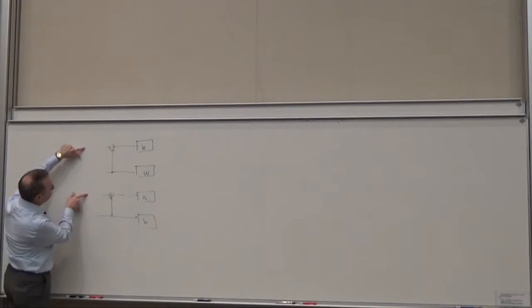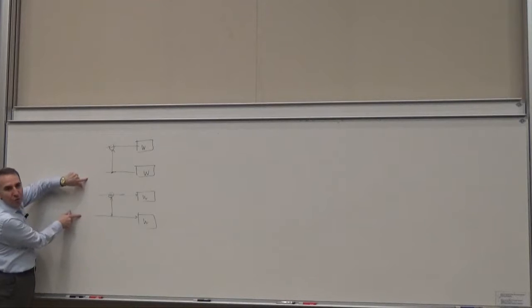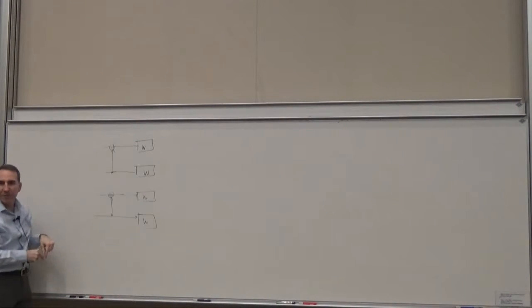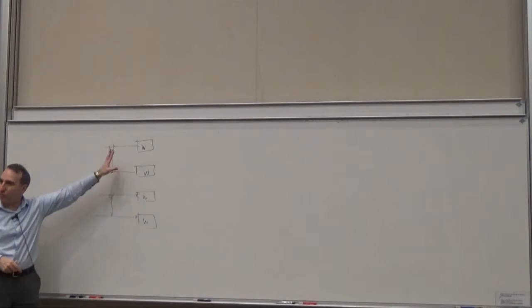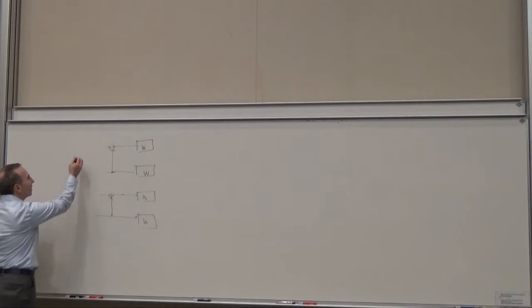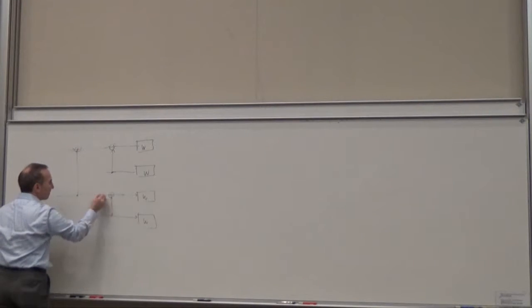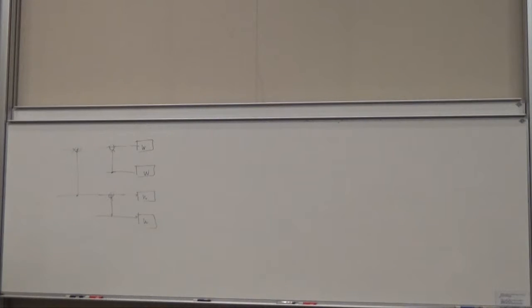At this point I have two copies of W minus and two copies of W plus. The inputs of these W minuses are here, the W pluses are here. And these are independent copies. So if I now combine these, this one is seeing the channel W minus minus, and this one is seeing the channel W minus plus.